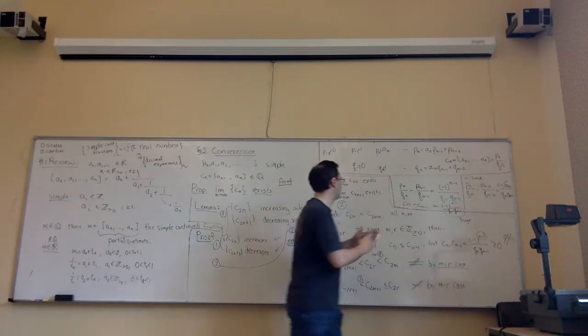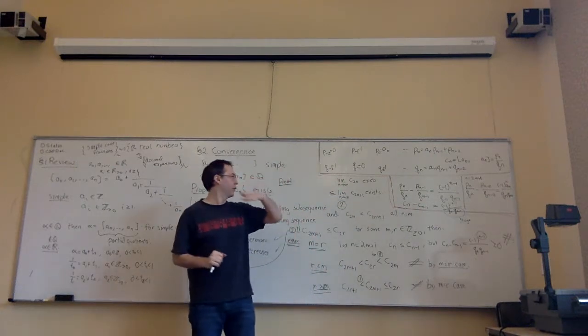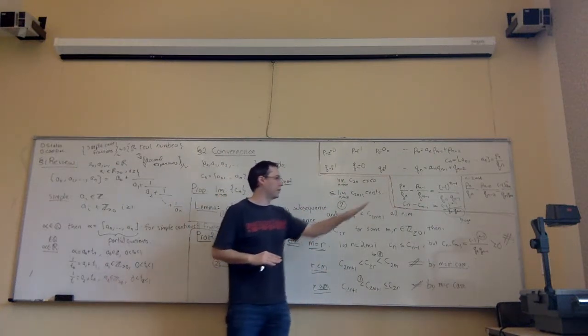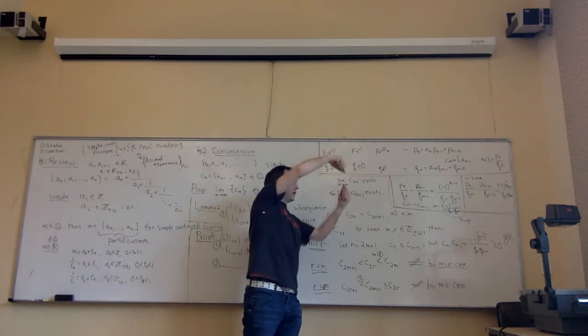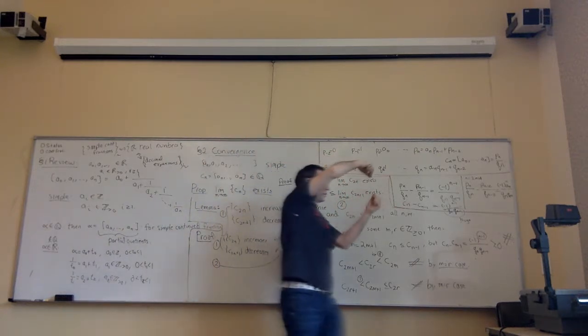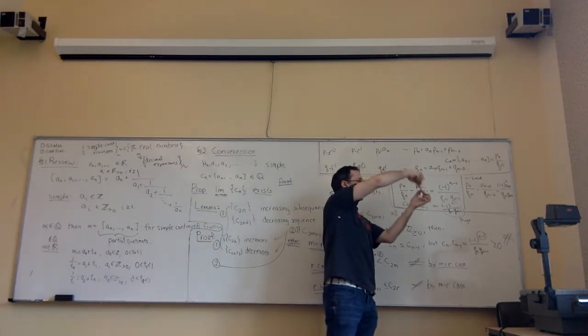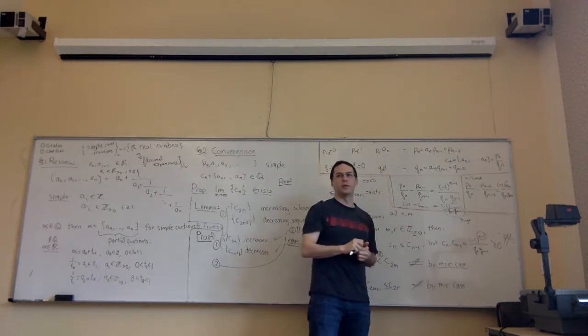And it's also the difference between an odd and an even. So you have this subsequence of even ones going up, and the subsequence of odd ones going down. And if you look at the nth ones of both of them, that difference is getting really, really small.